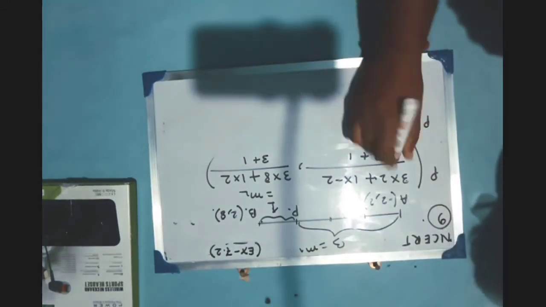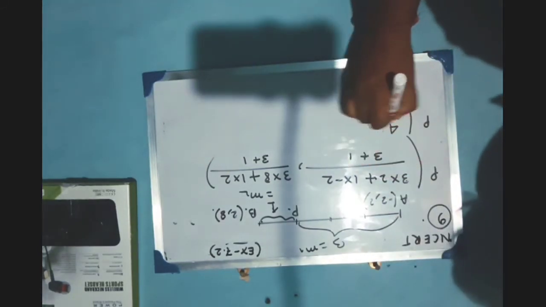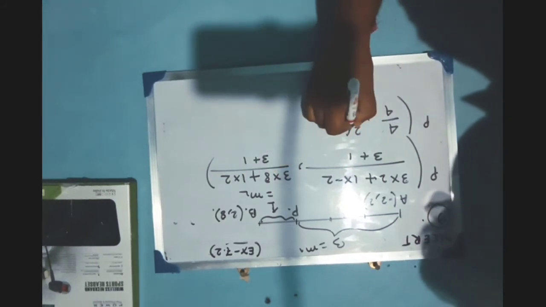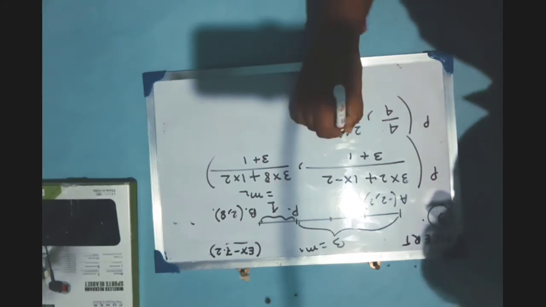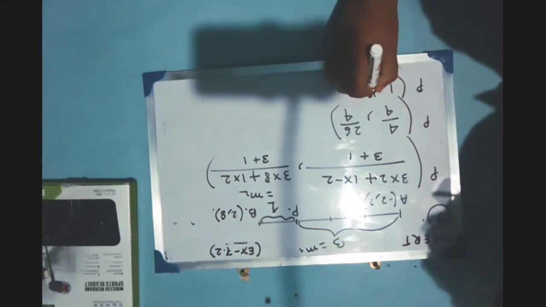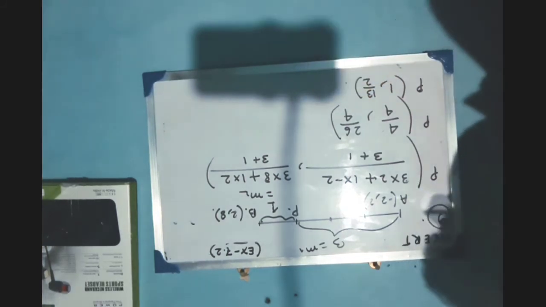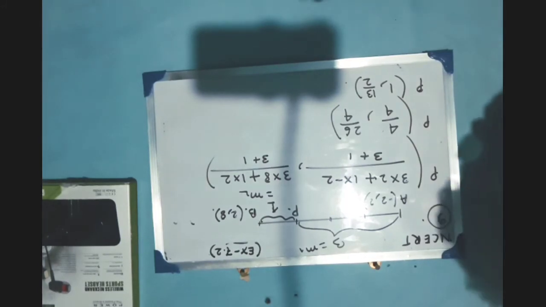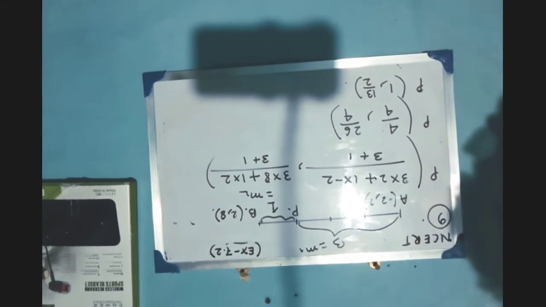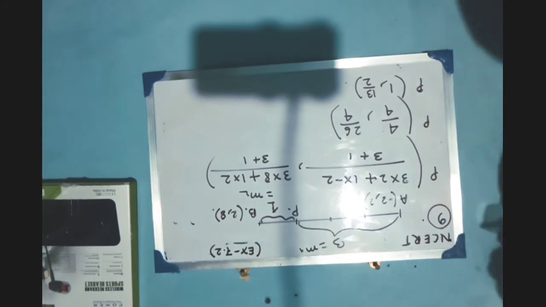That equals 6 minus 2, which means 4 by 4, comma 26 by 4. That means the coordinate of P should be 1 comma 13 by 2. So this is one point.